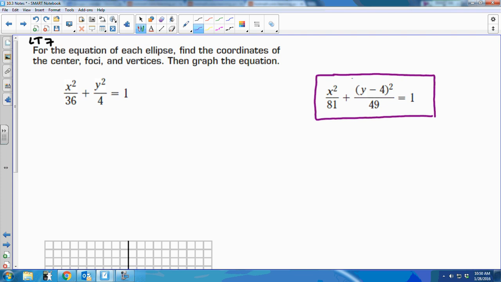You can do the other one later if you would like to, but I'm going to do the second example. All right, so it says for each equation, we need to find the coordinates of the center, the foci and the vertices, and then we're going to graph it. So let's find the center first, because that's the easiest part. What is the center of this equation? 0, 4.